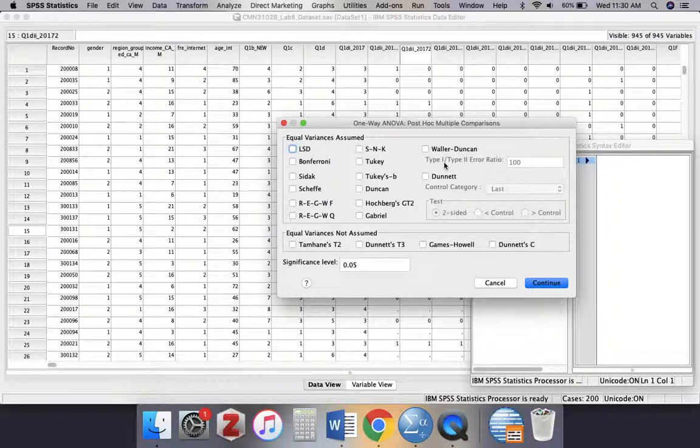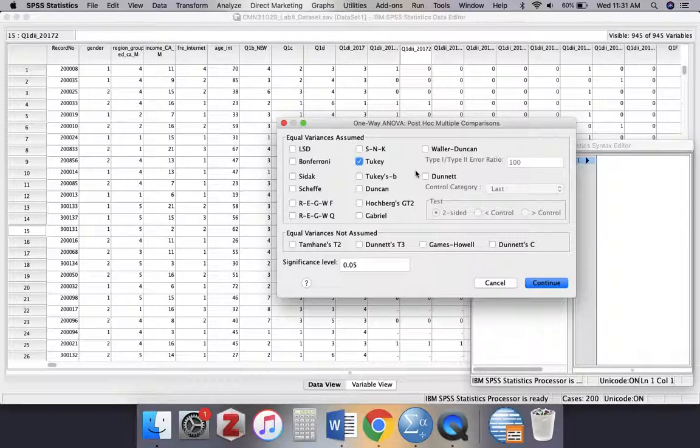So if equal variances are assumed, the correct or the most used post-hoc test is Tukey's test, because it is a conservative test which takes into consideration multiple comparisons, okay? But it's not overly conservative, which means that we're still fairly likely to see statistical significance, but it does take care of the error.